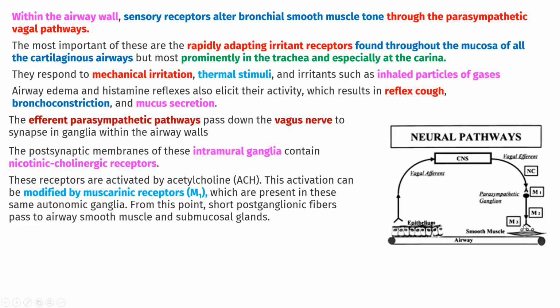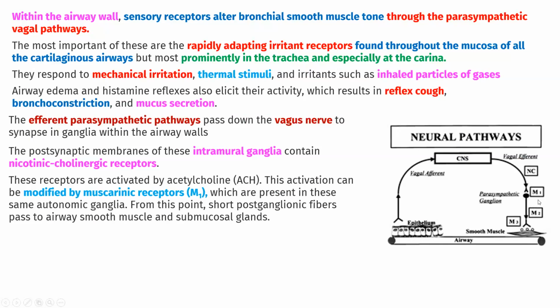The M3 receptors are mainly on the smooth muscle under the mucosal epithelium, and the M2 receptor is the controlling, negative feedback mechanism, which will reduce the amount of acetylcholine that activates the M3 receptor.